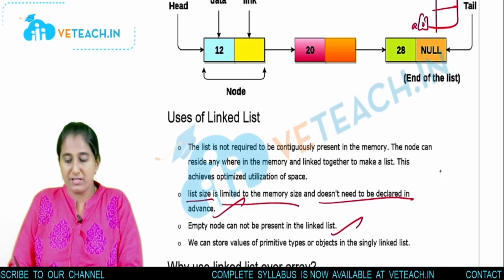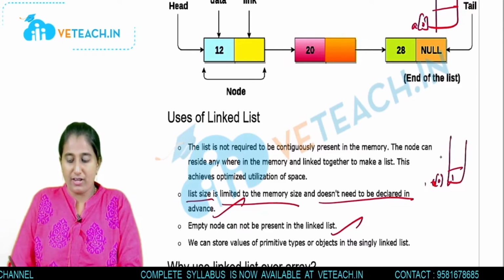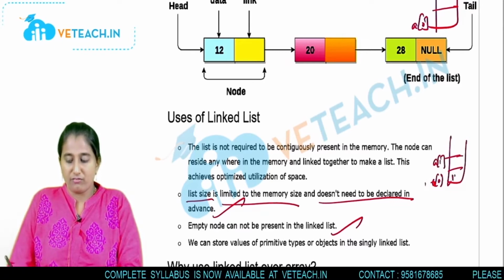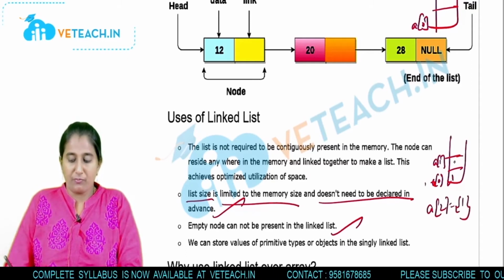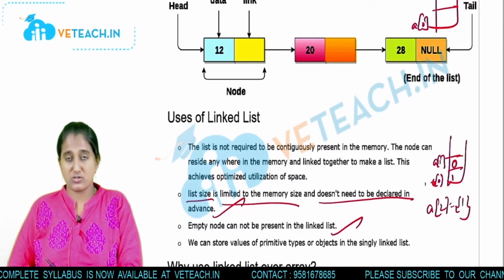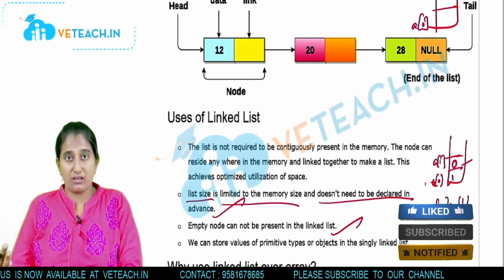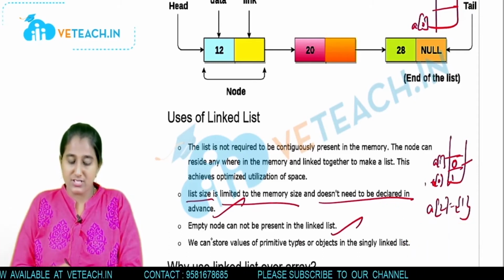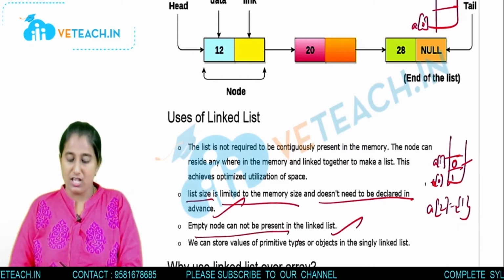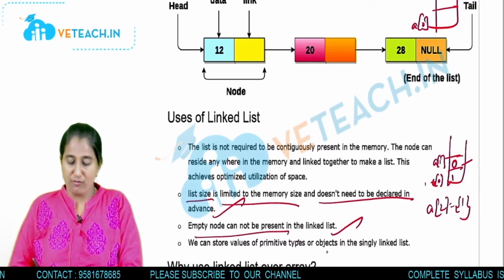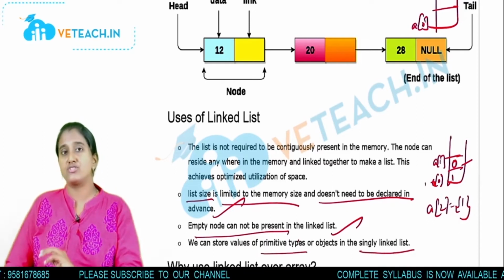Because in an array, if you declare a of 2 and give only one element, the remaining memory stores 0. But in a linked list, an empty node can't be present. We can store values of primitive data types in a single linked list. These are the uses of the linked list.